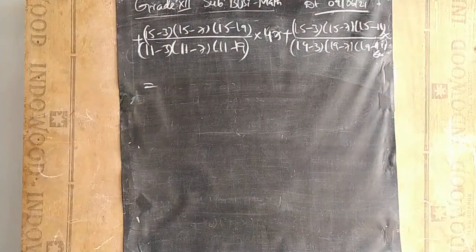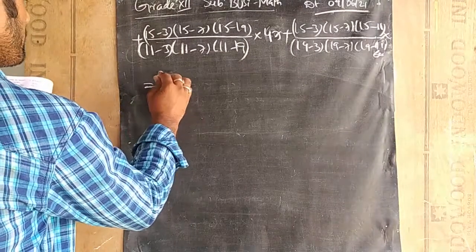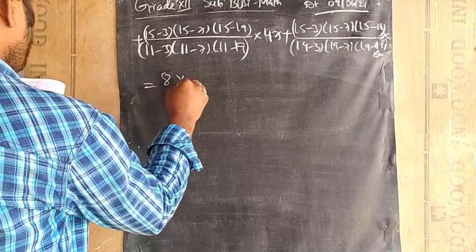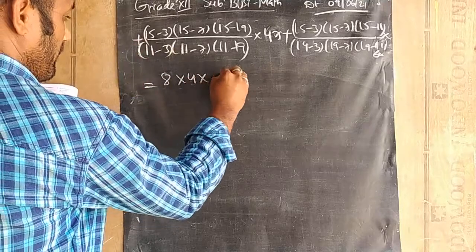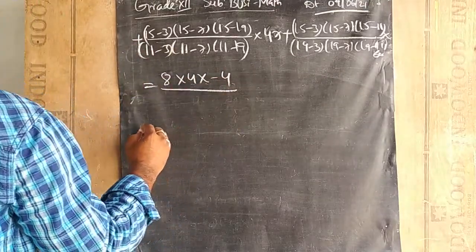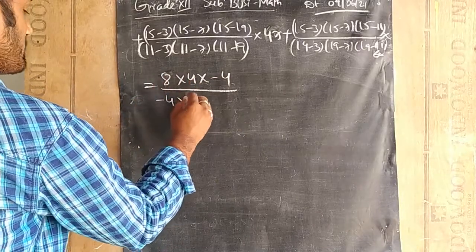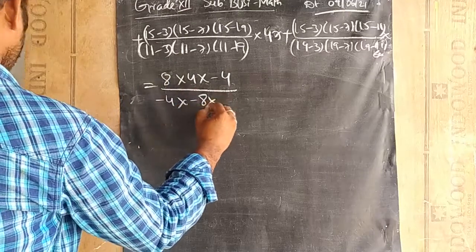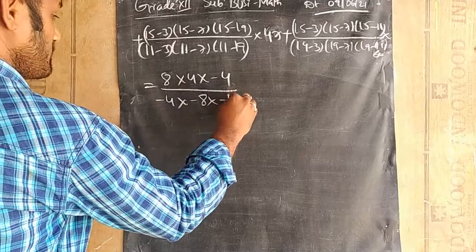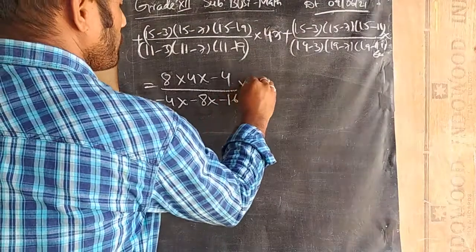It is equal to: now 15 minus 7 is 8, 15 minus 11 is 4, 15 minus 19 is minus 4, divided by 3 minus 7 which is minus 4, 3 minus 11 minus 8, 3 minus 19 minus 16, into 42.